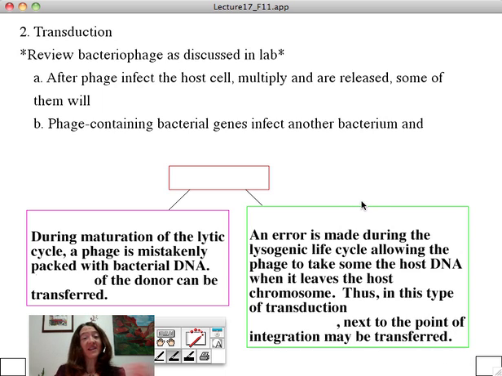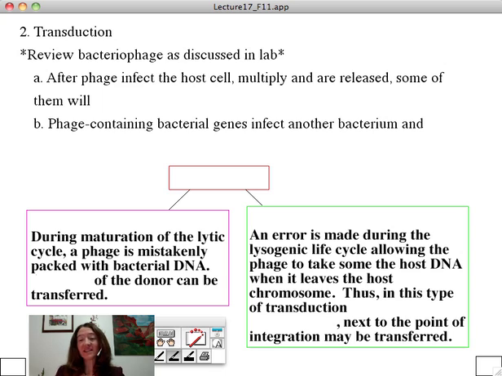So what will often happen then is that after a phage has infected a host cell and it's gone into this lytic phase, and it's going to go through maturation, all of the parts that were made in biosynthesis are going to be packaged, and one of the last things that's going to happen is that the phage capsid is going to be packaged with DNA. But sometimes that phage makes a mistake and it packages host DNA or bacterial DNA in place of its own phage DNA.